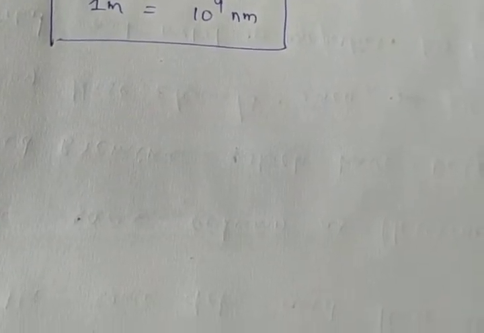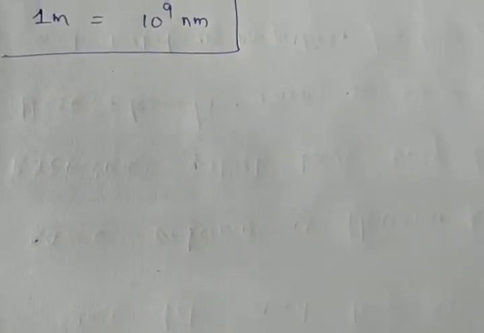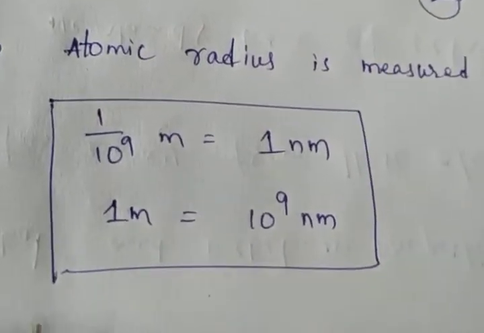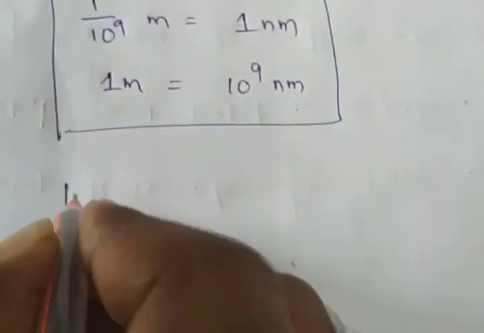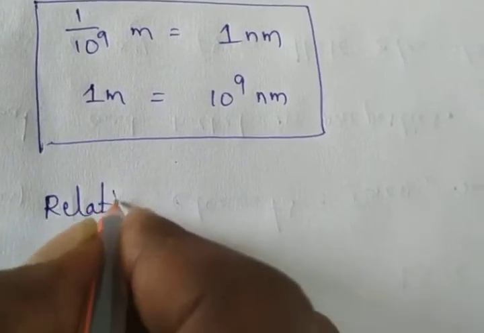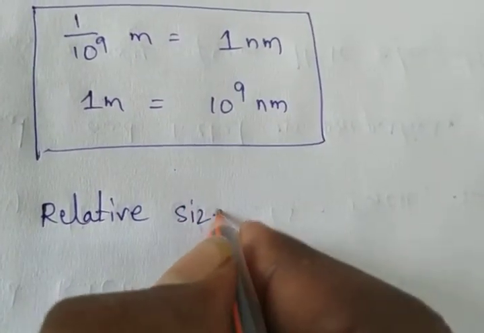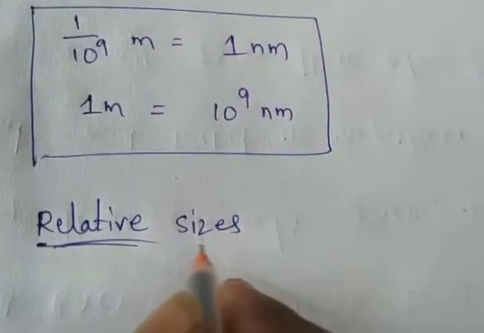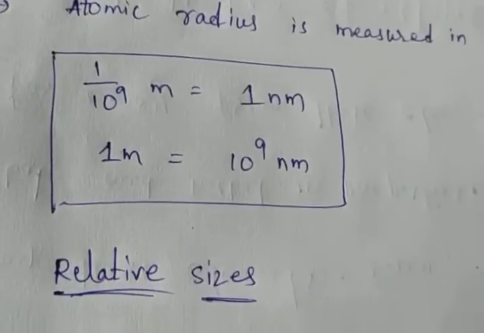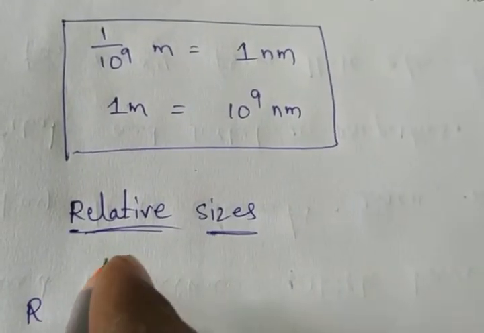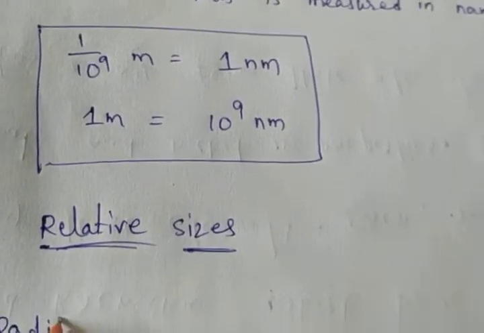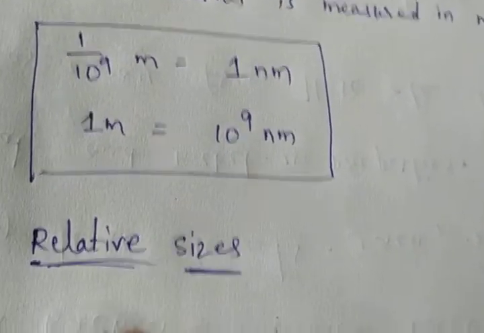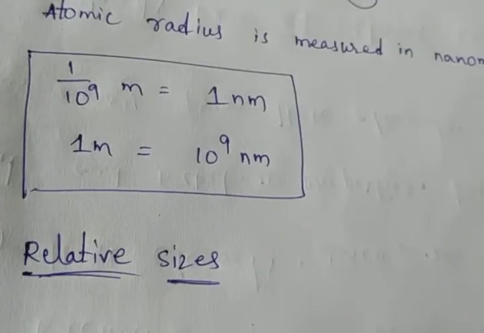Okay, next is relative sizes. We have to take some examples and calculate their radius. Here, these are the radii. We have to take the radius in meters.